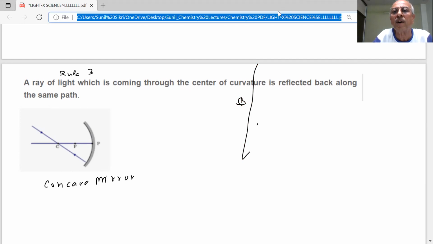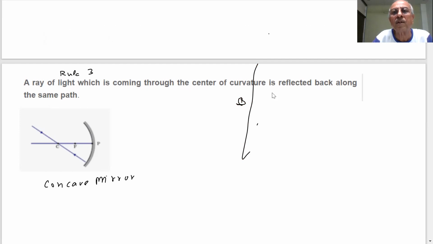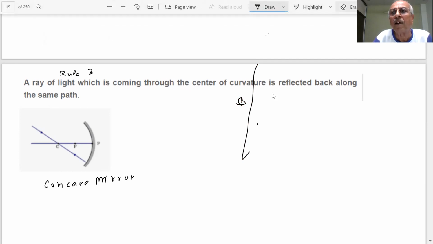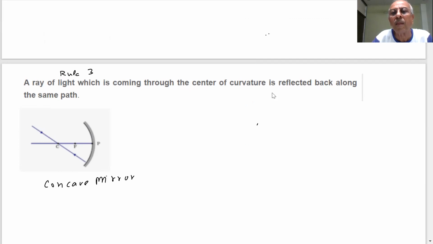Let me use a rule for convex mirror, student. Convex mirror. Okay.